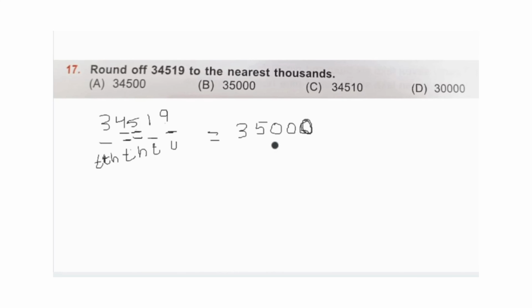So if you see, this is the closest round off to this number 34,519, and the option here is option B, which is correct.